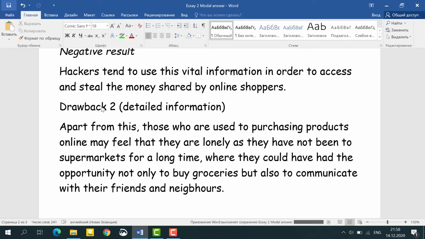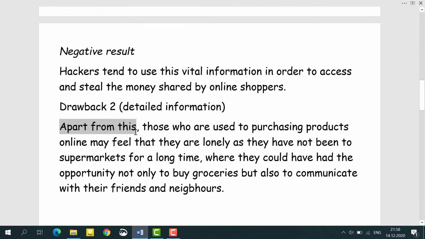Now, let's just look at this very carefully. Apart from this, which basically means in addition to this, okay, what this? We have already provided some information about the first drawback, okay, and now we're talking about the second one. So we are trying to make a link between the first part of our paragraph and the second part of our paragraph.